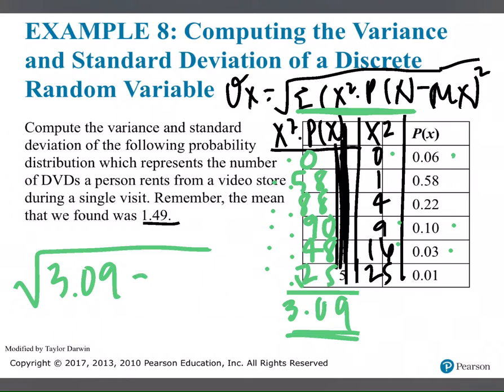So 3.09 minus that last part, the mean, which we have right here. So minus 1.49 squared. All that's under your square root. I'm going to do this really quick before I square root it; I square rooted it already in my notes.